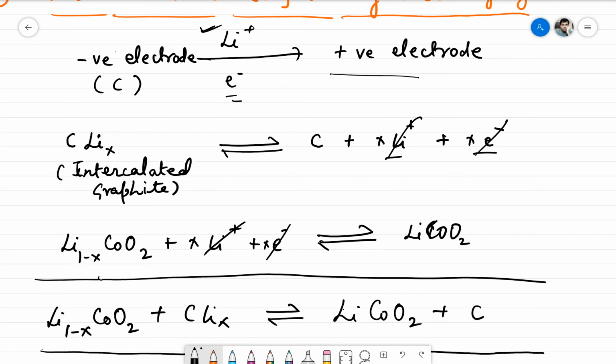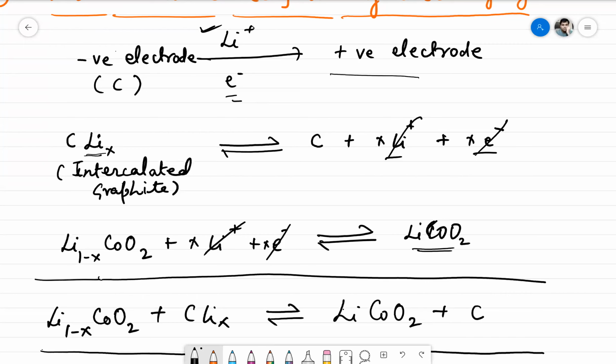During discharging, these lithium ions which are intercalated between the carbon layers move back towards the positive electrode, and there they combine with the lithium cobalt oxide, forming the original lithium cobalt oxide.